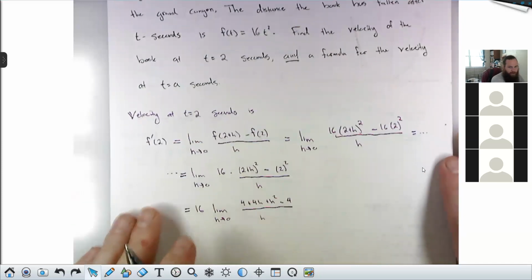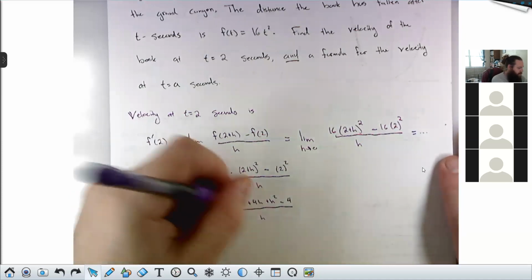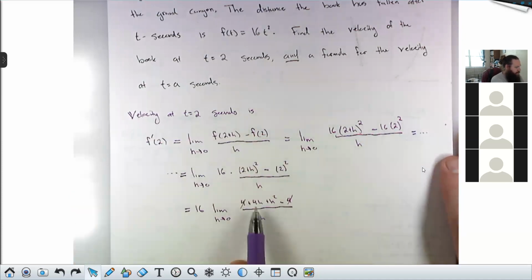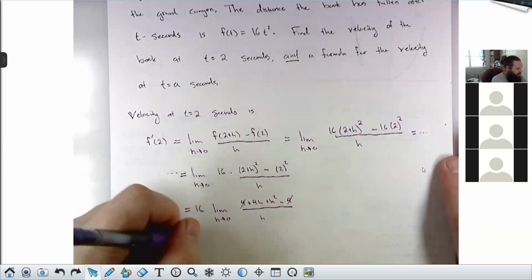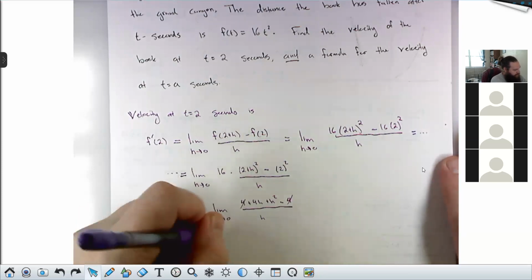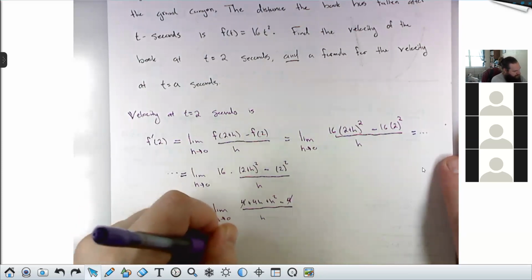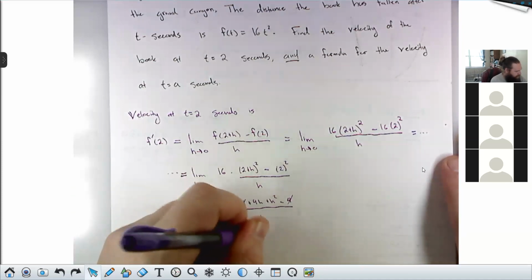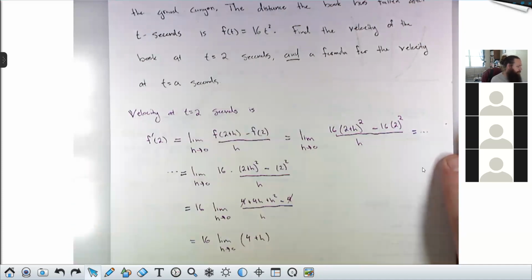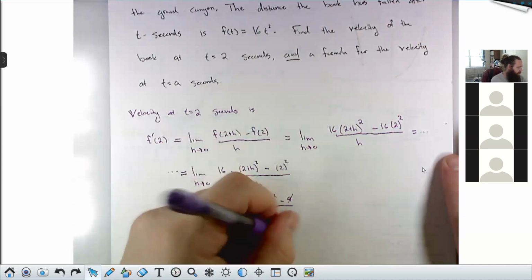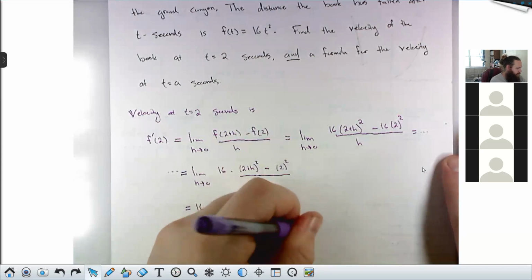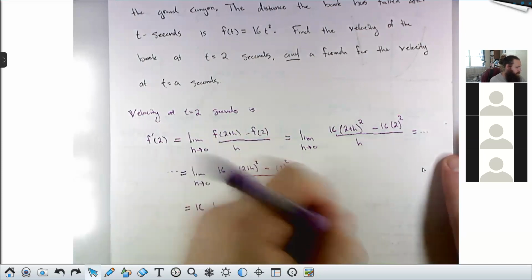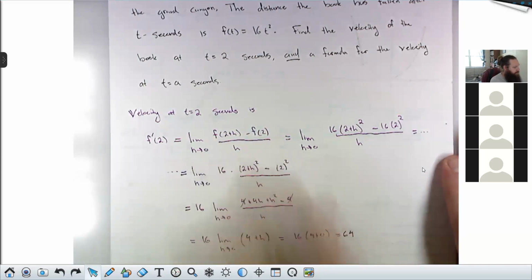It's the same limit that we had in the previous one. 4's go, and we have 4h plus h squared over h. So that's 16 times the limit as h goes to 0 of 4 plus h, which is going to be 16 times 4 plus 0, which is 64.